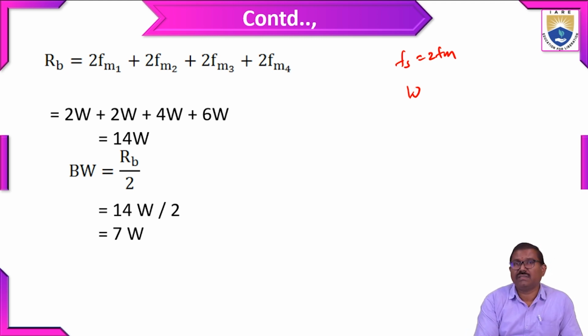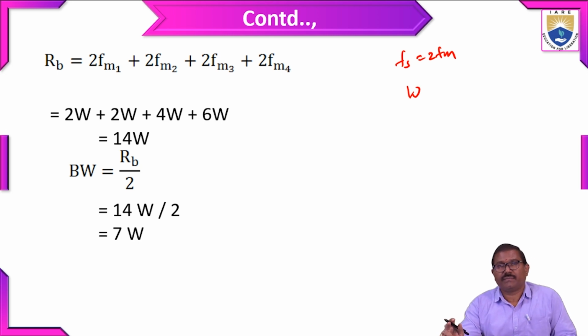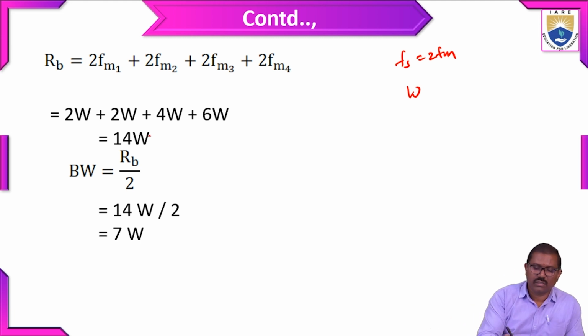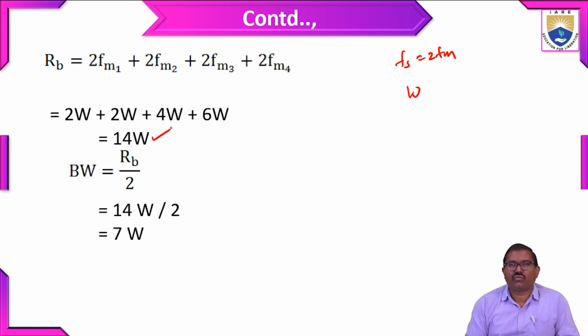The third signal has bandwidth 2W, so its sampling frequency doubles to 4W, and the fourth is 3W, so that goes to 6W. So totally RB is 14W.